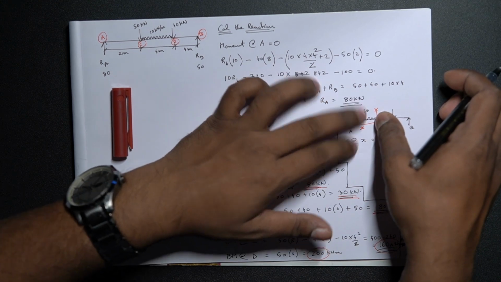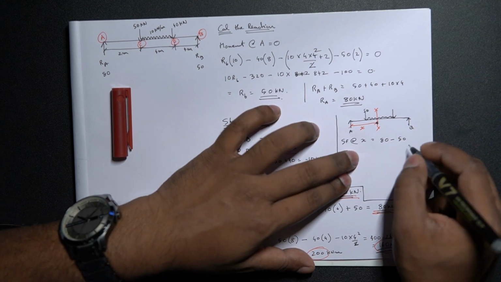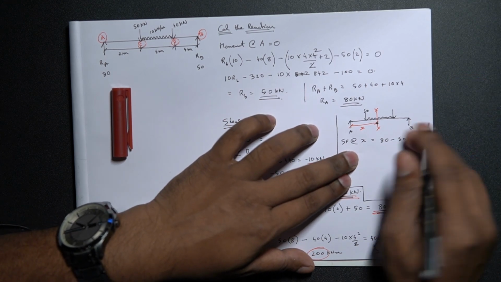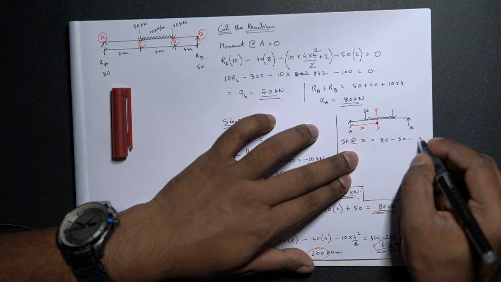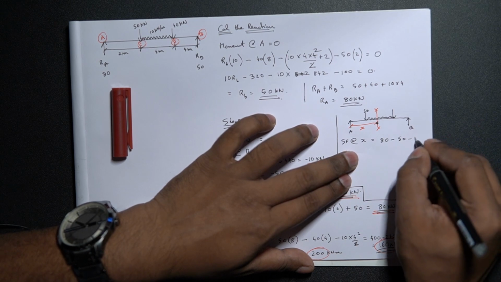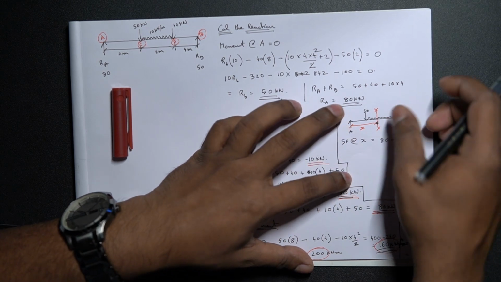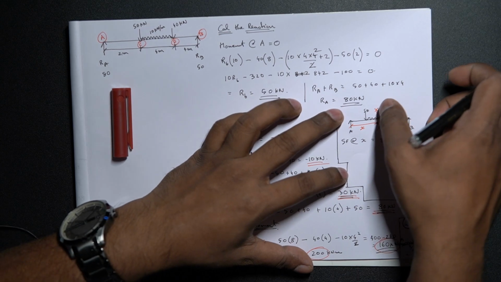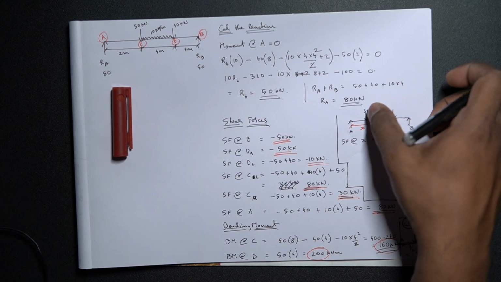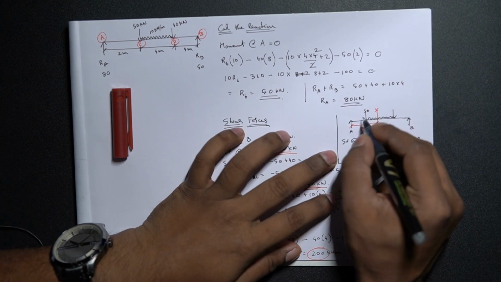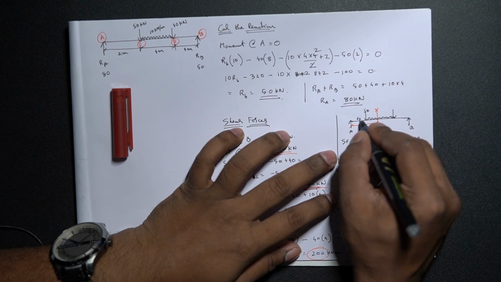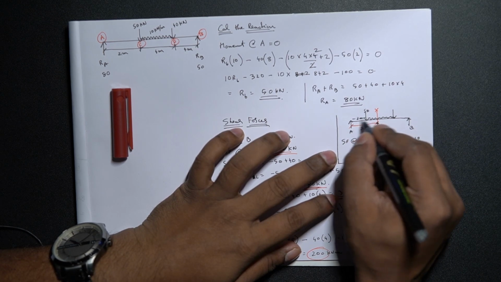Again on the left hand side it's coming downwards, it's negative, minus 50. Again we have a UDL, 10 into, yes. So here when we are trying to calculate the UDL part, we know the distance over here is 2 meters.